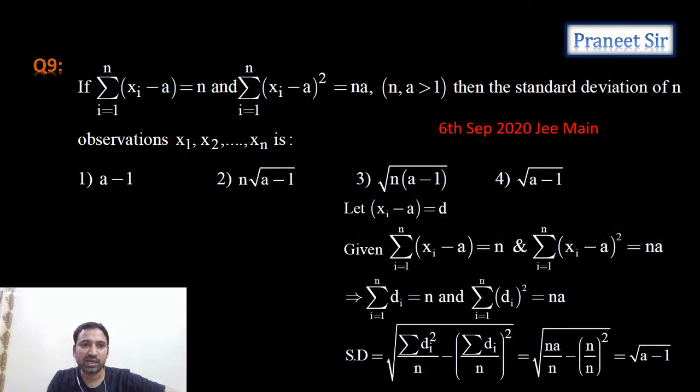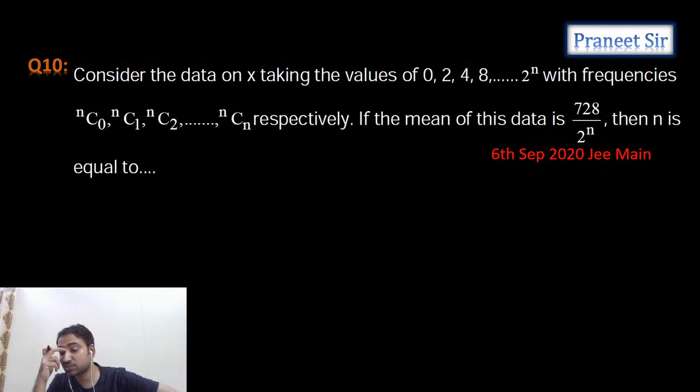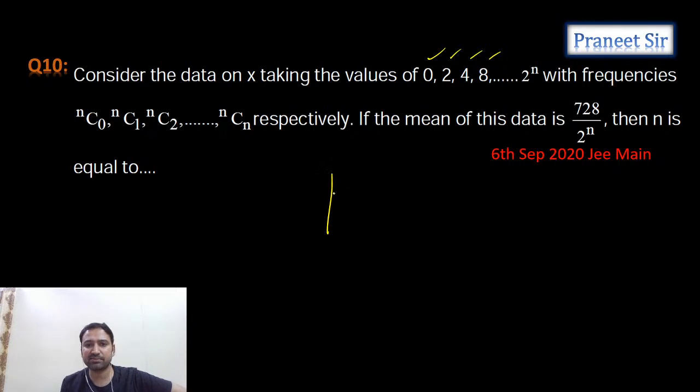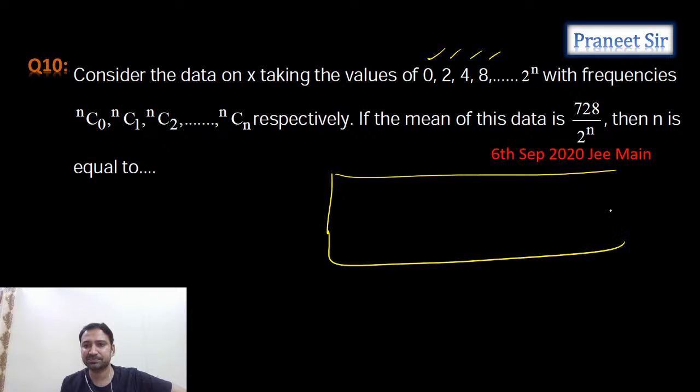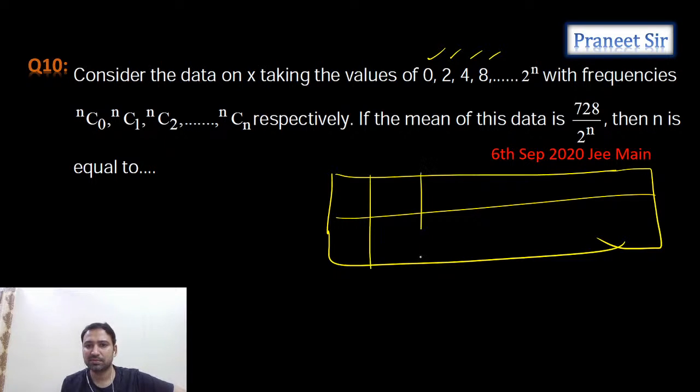Let's discuss the next one, which is the 10th question. So guys, let's do this question. Consider the data taking the values. The x values are 0, 2, 4, 8, and so on up to 2 power n, with the frequencies given. So let's take a table like this: x1, x2, x3, x4.